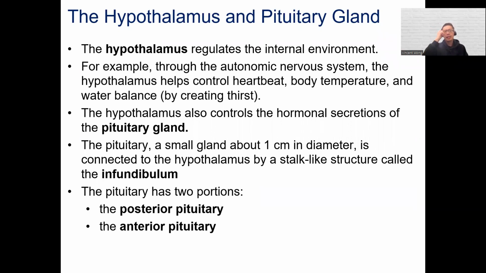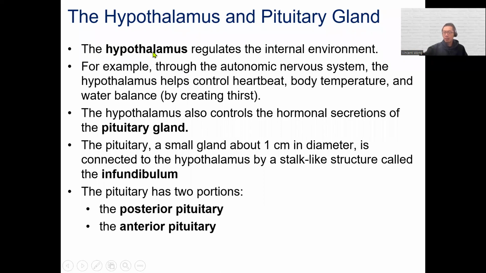And not only does it regulate a lot of processes related to homeostasis, but it also controls things like heartbeat, body temperature, water balance, as we saw earlier, and the circadian rhythm, the sleep-wake cycle. The hypothalamus also plays a role in that.